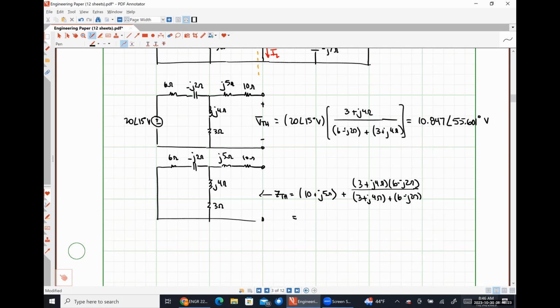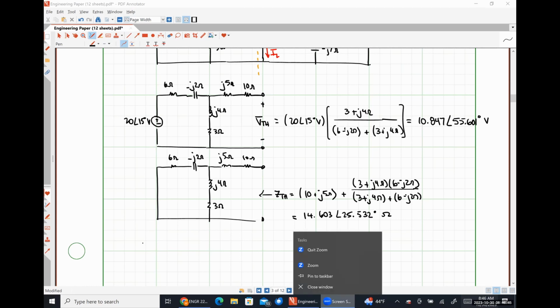Which I get to be 14.603 with an angle of 25.532 degrees ohms.